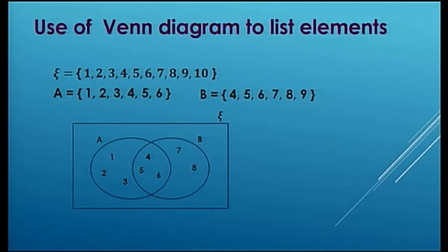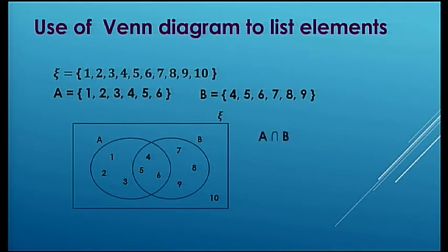So 7, 8, and 9 are the other elements of the set B. Looking at the universal set, you will see that number 10 is missing in both A and B, simply because they are not elements of A and B. So we write 10 outside A and B. Number 10 forms part of the universal set, but not in A and in B.